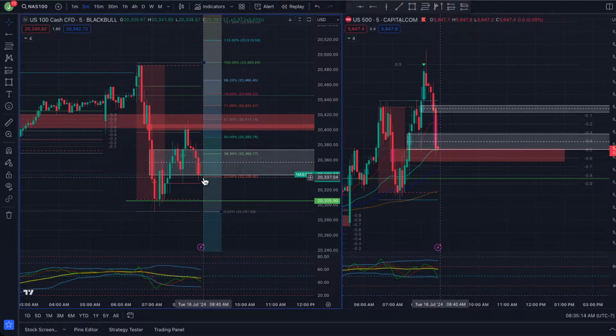Ideally, we want to see displacement candles to the upside if it's going up, and or if we start seeing slow candles drawing down. Making one more attempt.